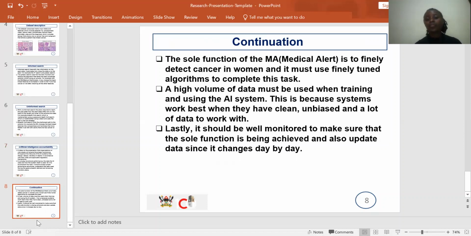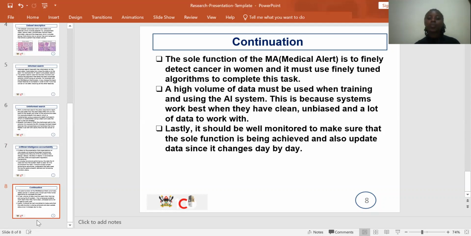Then a high volume of data must be used when training and using the AI system. This is because systems work best when they have clean, unbiased, and a lot of data to work with. This helps them so that they can easily know what is going to be output with this kind of data or the other. So a lot of data is needed to both train and test the system.